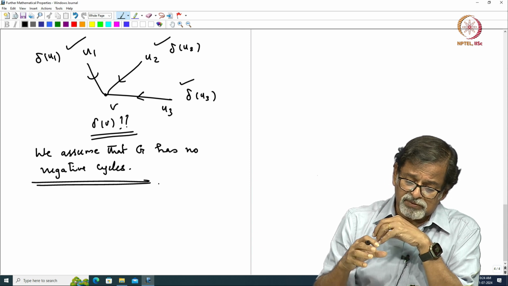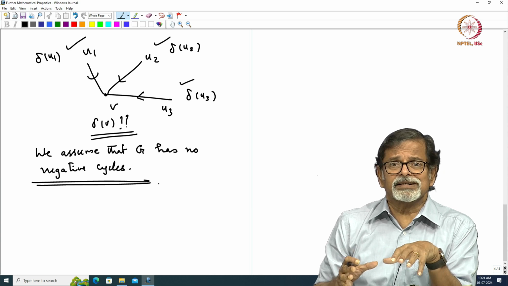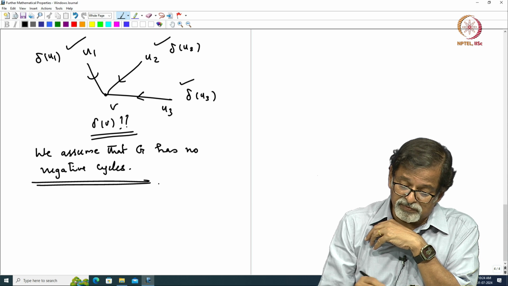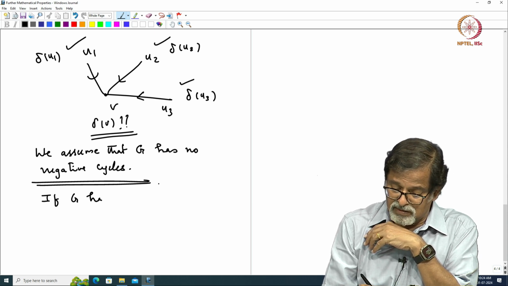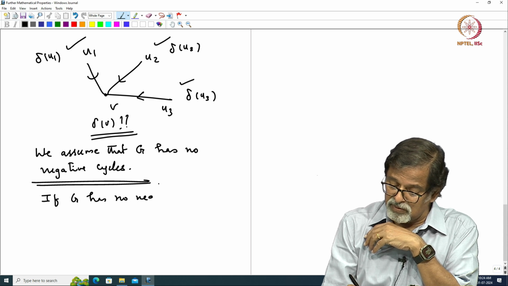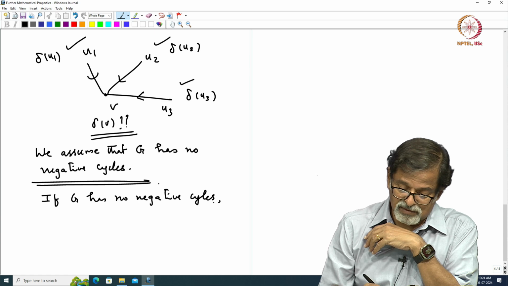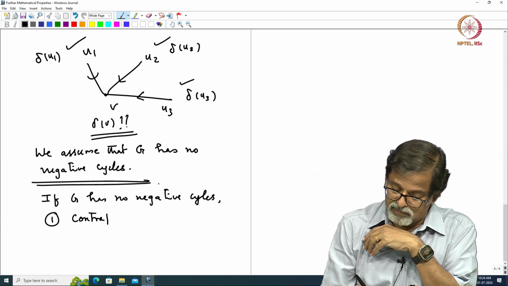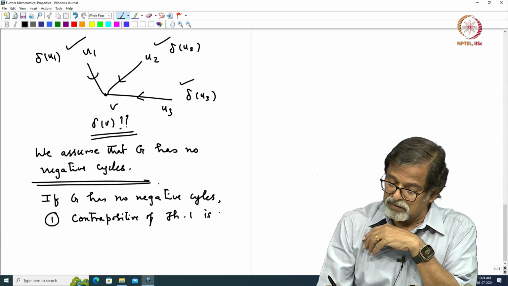So, what are the immediate consequences of assuming that G has no negative cycle? If G has no negative cycles, one, the contrapositive of theorem 1 is true.